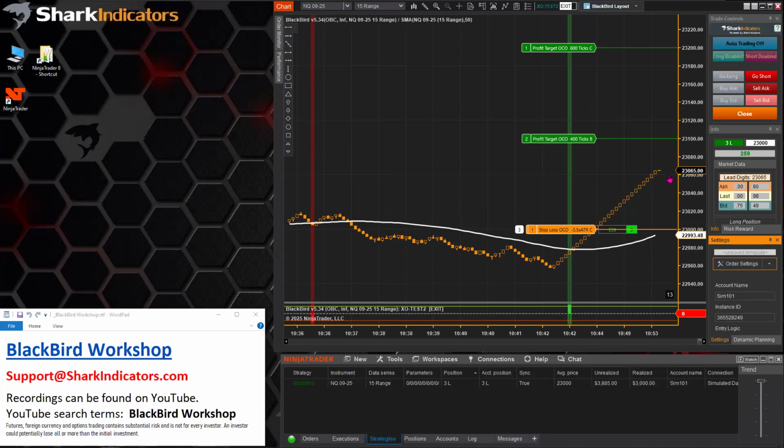Let's see. Wow. All right, we're almost at the 1 hour mark. So yeah. All right, so we're at the 1 hour mark. I will wait at least until we get profit target B hit, just so we can see the stop loss trailing there.